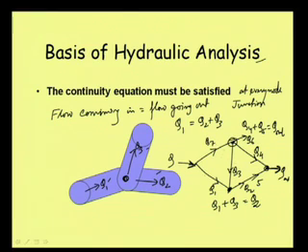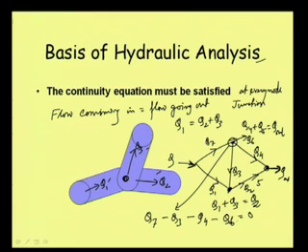If I write for this particular point, then say Q7, which is coming in, minus Q3 which is going out, minus Q4 which is going out, and Q6 also going out, minus Q6, is equal to 0. Or we can say Q7 is equal to Q3 plus Q4 plus Q6.